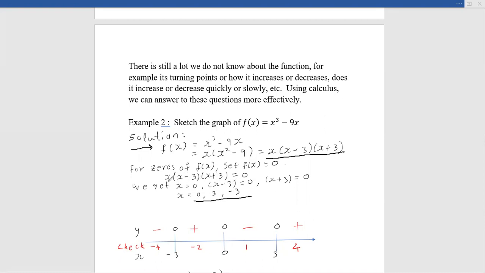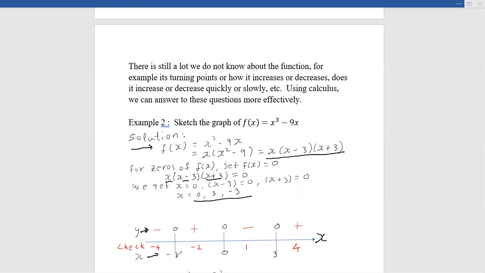Setting these individual factors to 0, we get these three answers. Now, here this is the x-axis. Below the x-axis, I showed you x values. Here, I showed you y values.